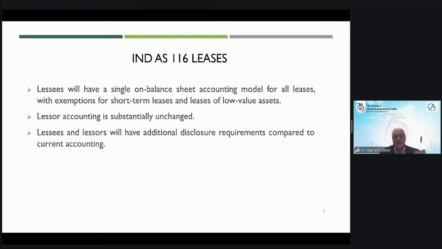Later on, the right of use asset is subsequently measured at the cost model unless for that particular class of asset, Ind AS 16 follows the revaluation model. For example, the ROU asset is ROU property, ROU plant and machinery, or say ROU building, and the entity follows the revaluation model for the building per Ind AS 16.